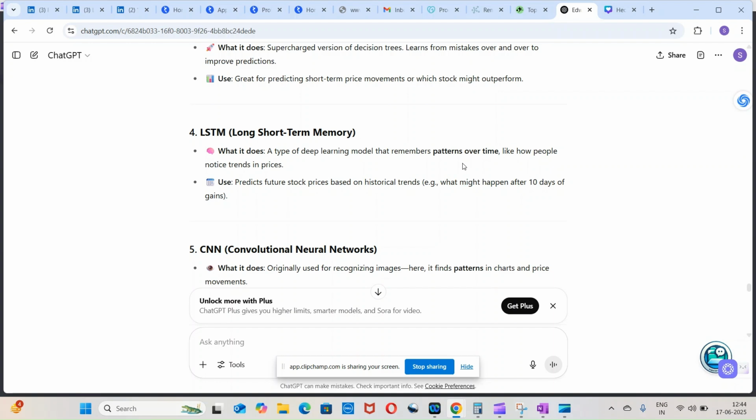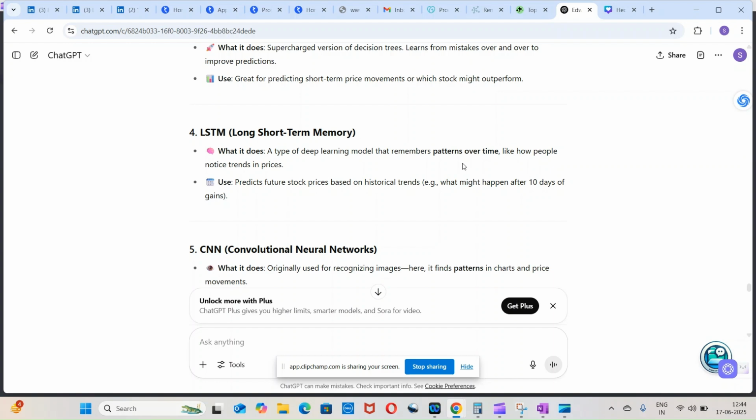Fundamental patterns could be like, if a particular stock is giving return on equity very high, above 30%, or return on investment is very high, and its growth rate is very high, and its cost of consumption is very less, and it has very good future potential. So that's a pattern. These long short-term memory models are pretty similar to human beings.